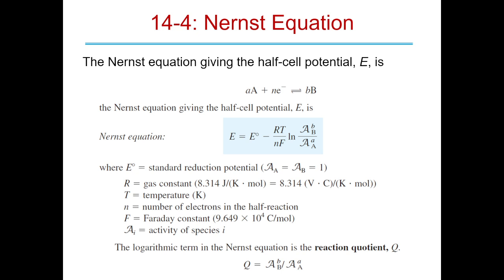It's almost always the natural log. If it's not the natural log, then it has that correction factor, right? And then it's always the activity of product to its coefficient power, divided by the activity of the reactant to its coefficient power, which is just the reaction quotient, isn't it? Cool, huh?